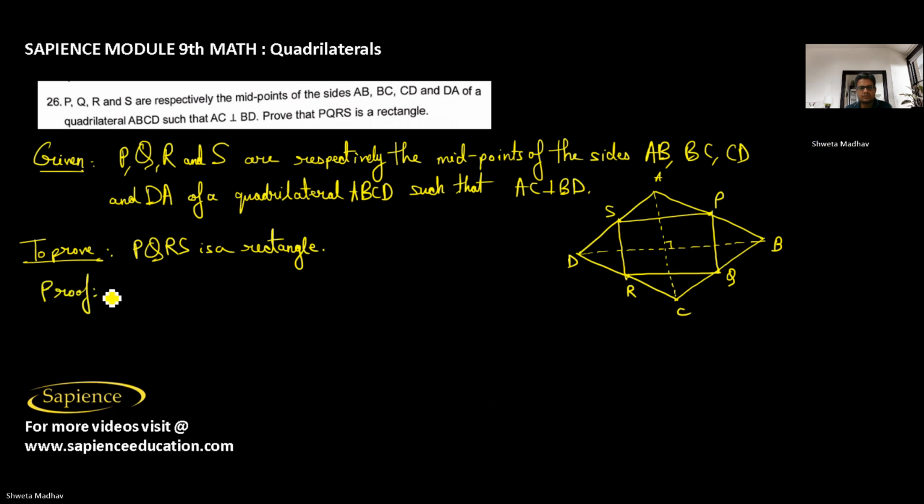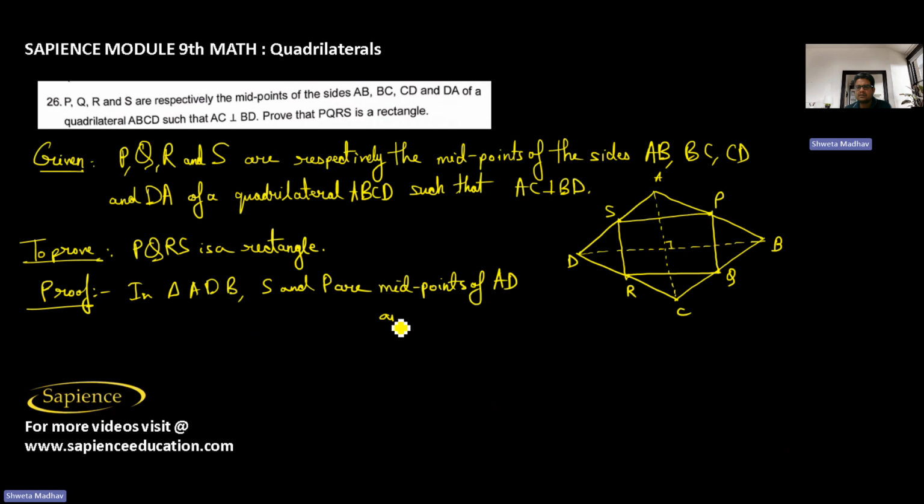So the proof is that now in triangle ADB, S and P are the midpoints of AD and AB respectively, and it is given.